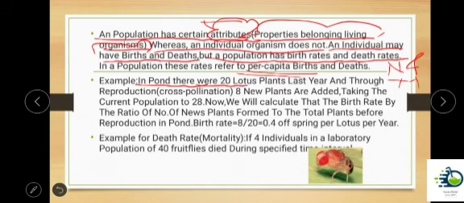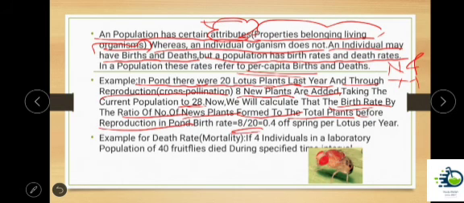An example: in a lotus pond there were 20 lotus plants last year, and through reproduction and cross pollination 8 new plants are added, taking the current population to 28. We calculate the birth rate, that is natality, by the ratio of new plants formed to the total plants before reproduction in the pond.